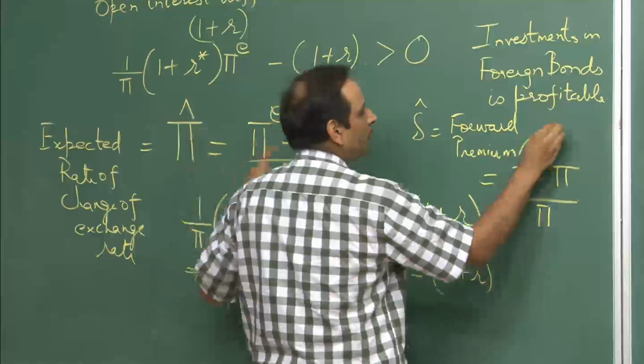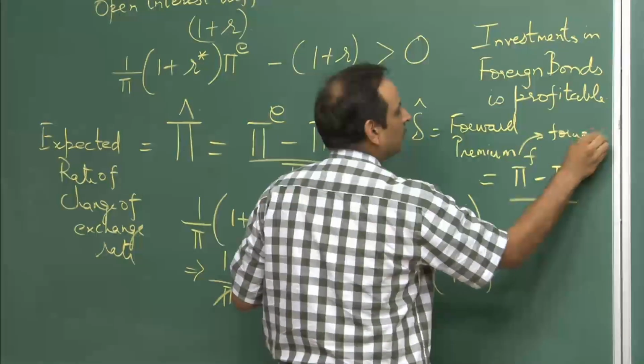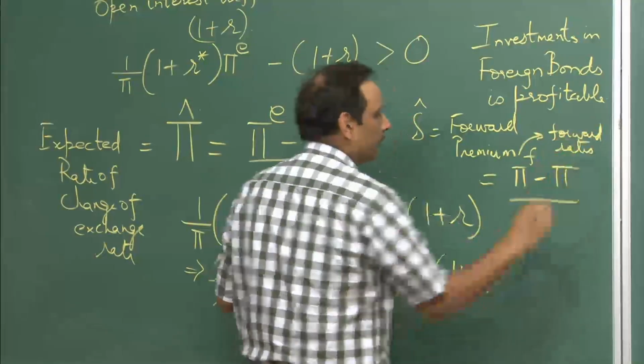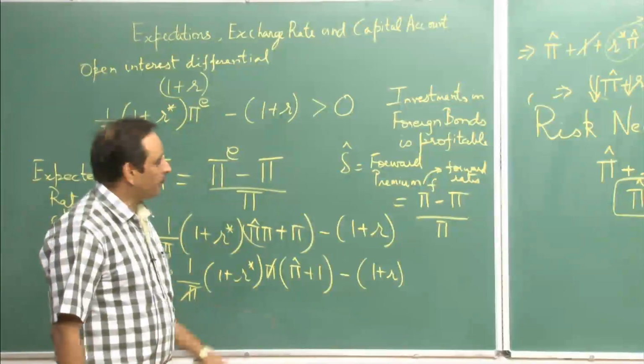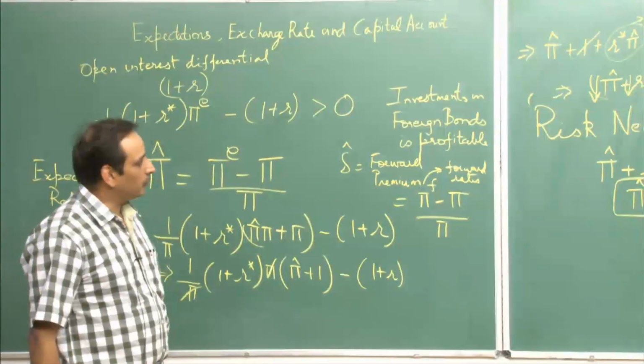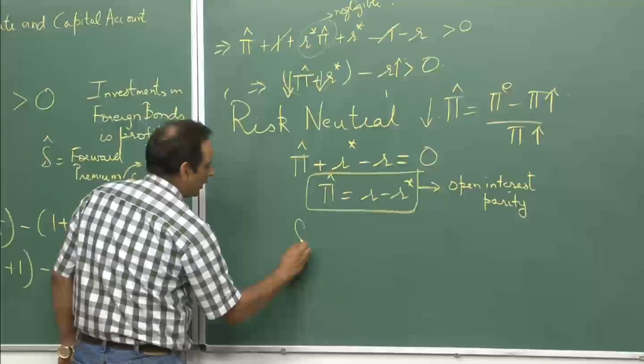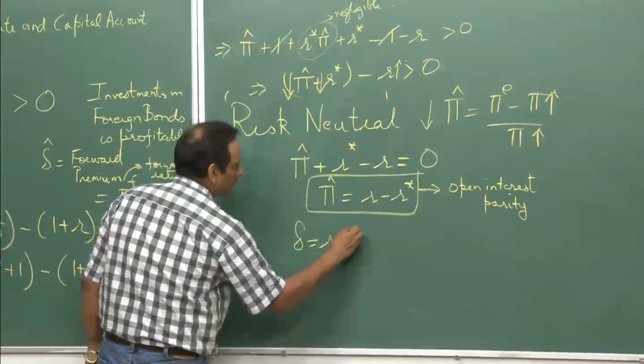This is the forward rate. If you work on similar lines, you would get delta is equal to R minus R star.